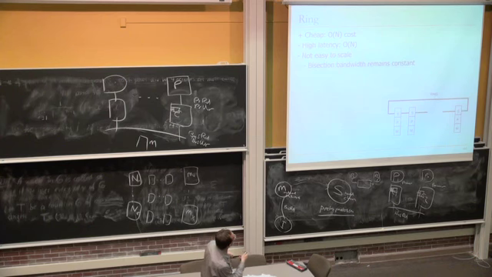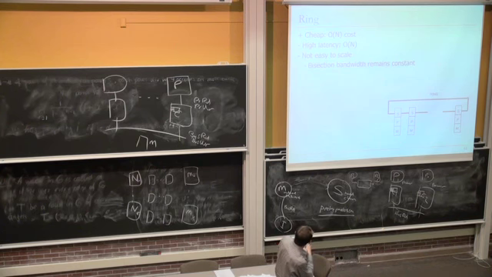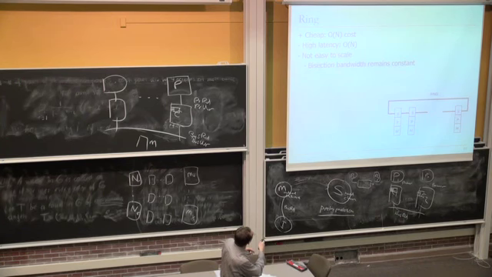I did not talk about bisection bandwidth, but there's a reason why I did not talk about it. I don't want to introduce a lot of terminology on you, but you may hear this, that's why I'll throw out the term for you. Networks are evaluated based on bisection bandwidth.